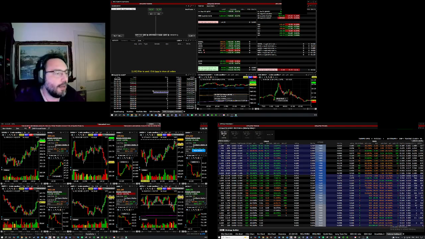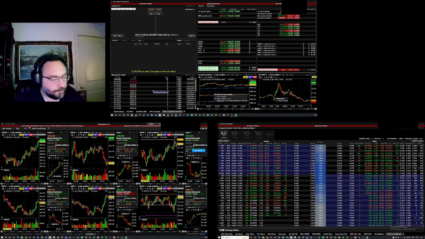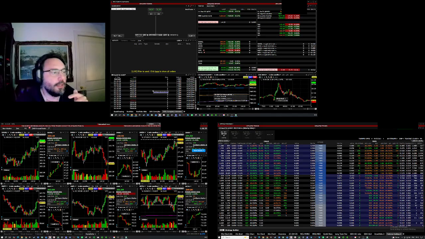This calculation is happening, I can't remember if it's happening on my machine or on the IBKR servers, but that extra calculation induces time delay.